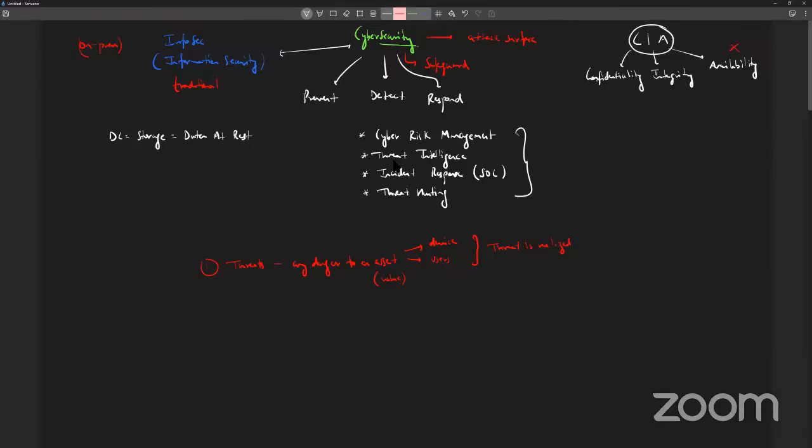So if we come back here, we say threat intelligence, we say threat hunting. Going back to our example of the car being stolen, everyone must be aware what areas we go into.